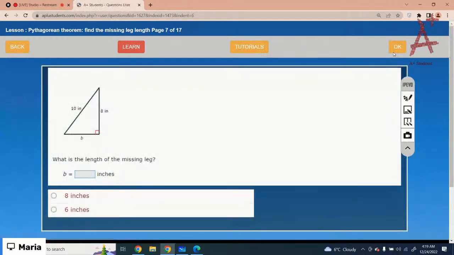Okay, the next one is, what is the length of the missing line? So which of the options is the correct one? Use your notebook and pencil, calculate the values and let me know the answer.